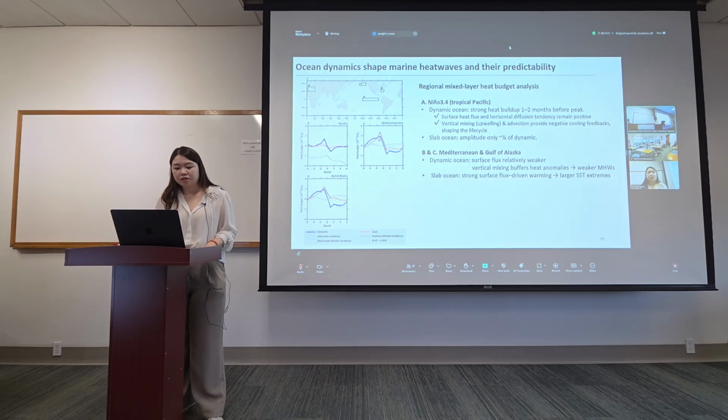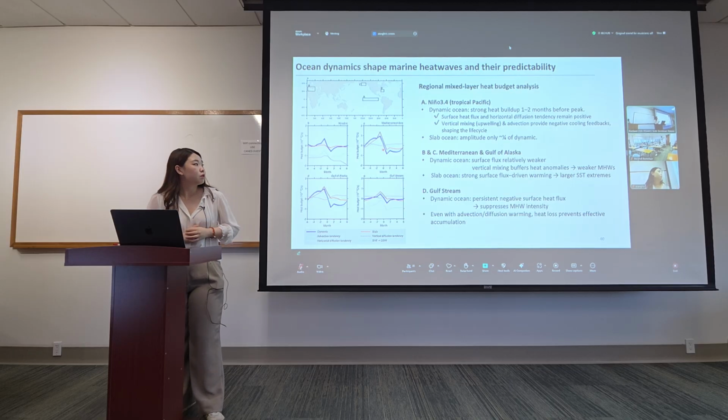The slab simulation shows a strong warming trend from the surface heat fluxes, but in the dynamic ocean the warming effect from surface heat fluxes is relatively weaker, and the vertical mixing helps to buffer the heat anomalies, which reduces SST extremes.